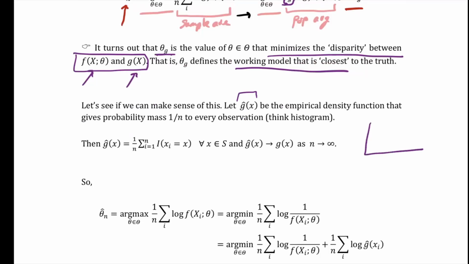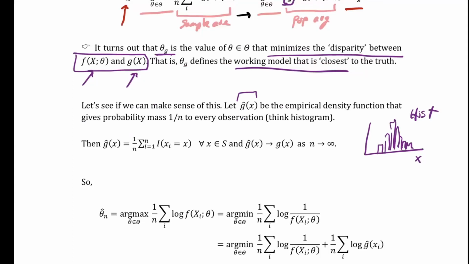Well, if I wanted to know the true density, I might just have values of X down here. And I would say, yeah, well, I saw one of those. I saw two of those. I saw three of those, four of those, one of those, two of those, three of those. So I would use a histogram. I would just plot the data.